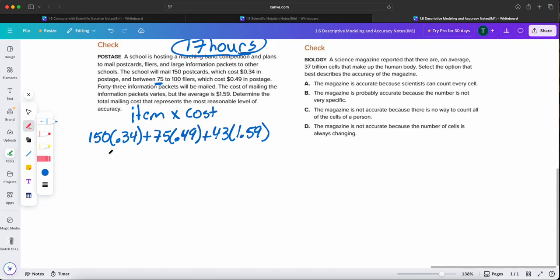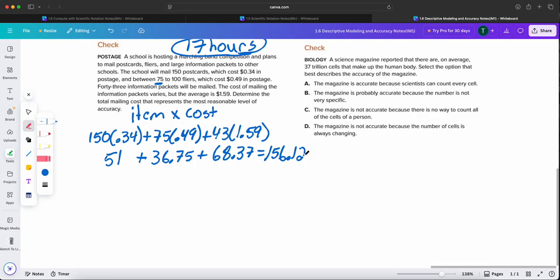So if I take 150 times 0.34, that gets me $51. 75 times 0.49 is 36.75. And then 43 times 1.59 is 68.37. So if we add all that up, we get that this is $156.12.